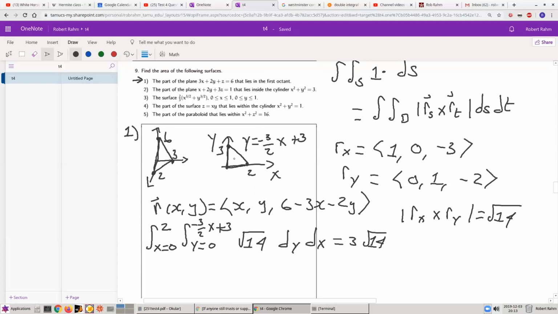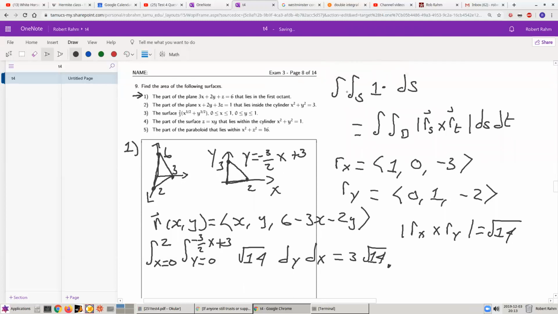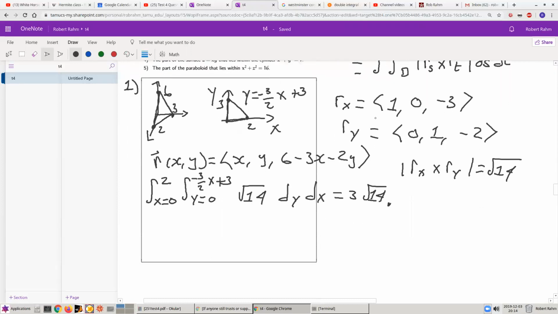So 3 times the square root of 14, or you could just do this integral, whichever you want to do. Just to recap, for the surface area of a surface, you're doing the surface integral of the constant function 1, which is just equal to this right here. It didn't go this way in the book, but now that we've seen surface integrals of scalar fields, the area of a surface is just the surface integral of the constant function 1.